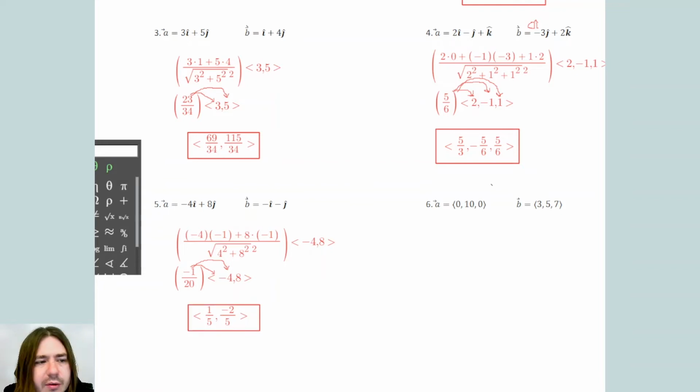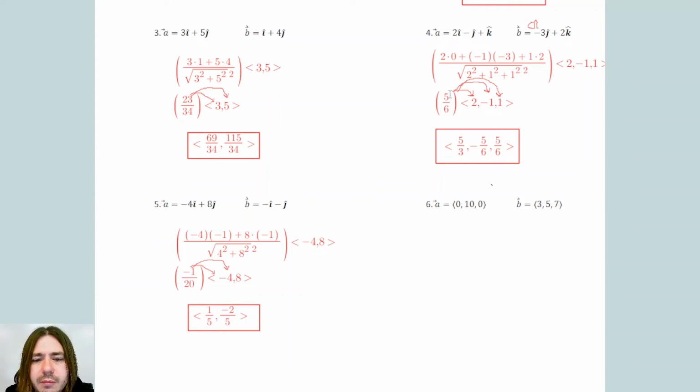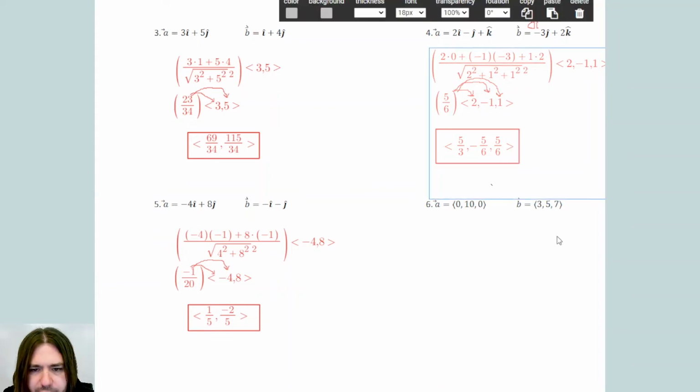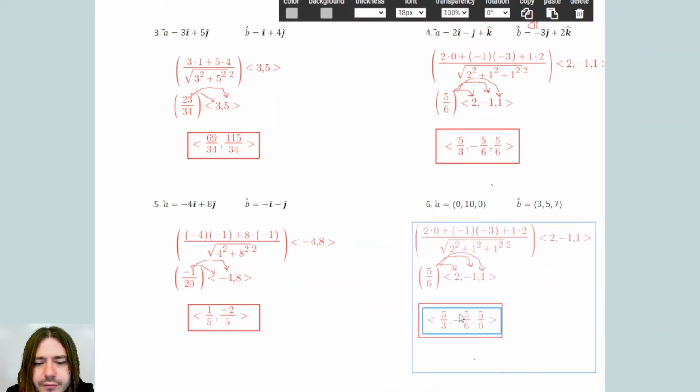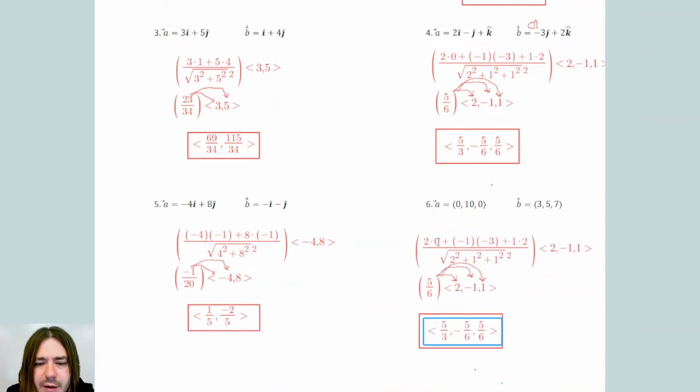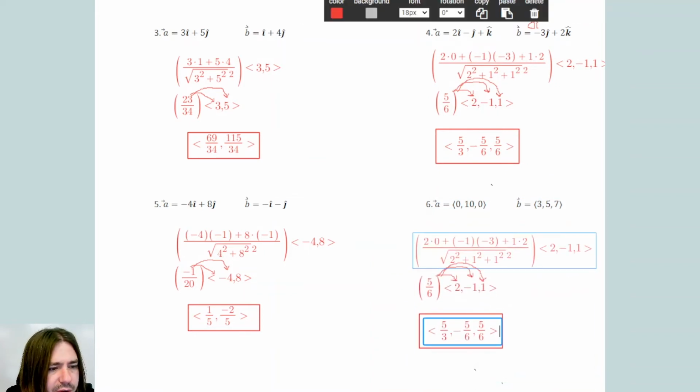Number 6, looks like we have one last projection vector that's in 3 dimensions here. So let's start by finding the dot product. A lot of zeros here, so this should work pretty easily.